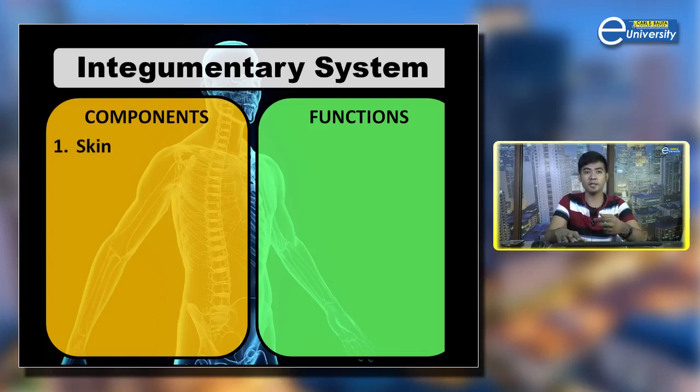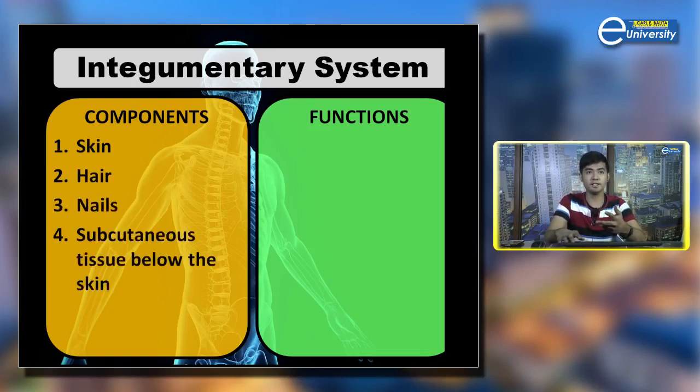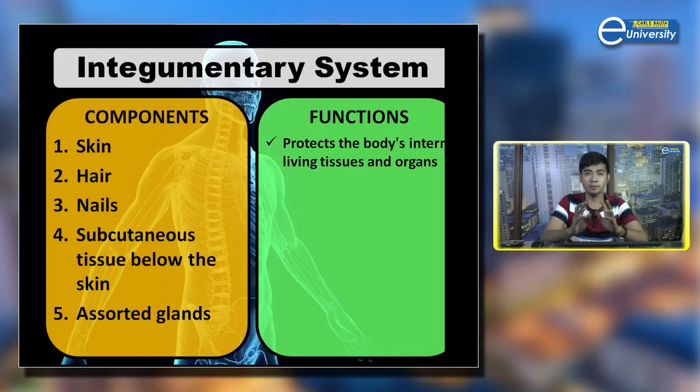For the components of the integumentary system, we have the skin, our hair, nails, subcutaneous tissue, and lastly the assorted glands. So what are the functions of the integumentary system? Number one, it protects the body's internal living tissues and organs. That is very obvious because that is the function of the skin. Next, it lubricates and waterproofs our body.